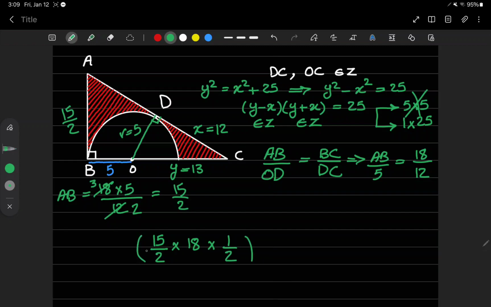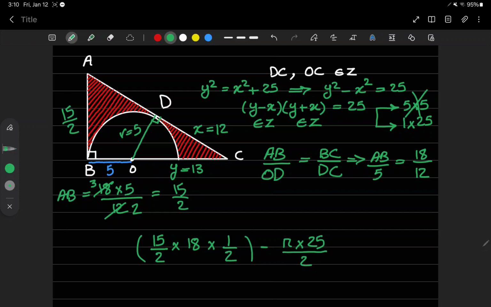And this is the area of the triangle, and the area that we have here is pi multiplied by r to the power of 2, 25, divided by 2. Okay?